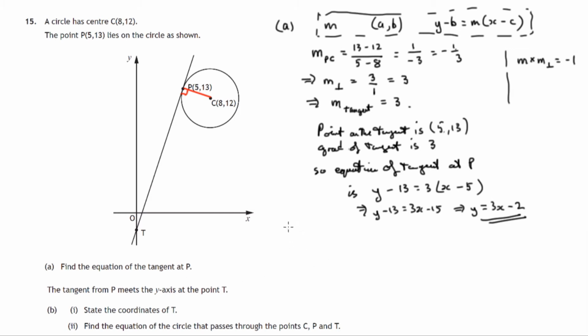Part B, the first part, says state the coordinates of T. Well, y equals mx plus c. This negative 2 is where that line crosses the y-axis. So T will be the point (0, negative 2). Let's just add that to the diagram here.